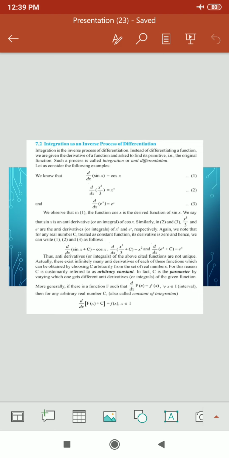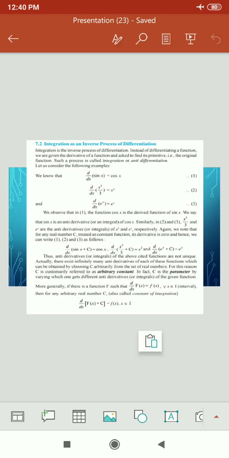Thus, when we find the antiderivative, we usually use an arbitrary constant. We use this very constant c, which is an arbitrary constant, and c is called the constant of integration. Thus the antiderivative or integral of the above cited functions is not unique.